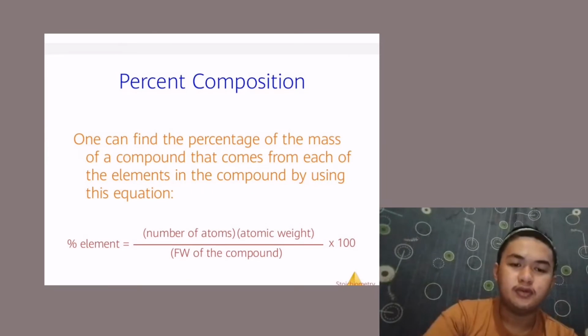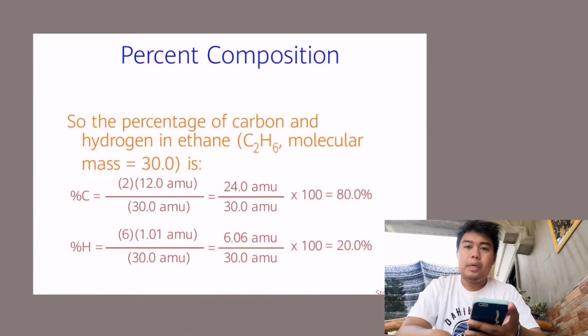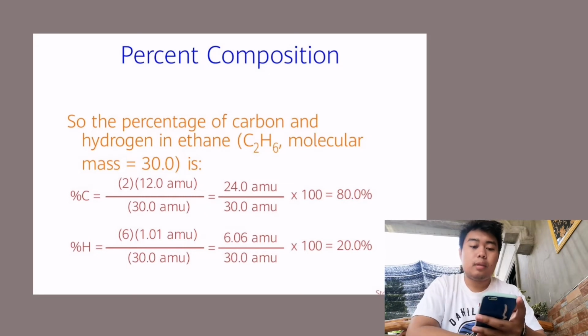Percent composition. One can find the percent of the mass of a compound that comes from each of the elements in the compound by using the equation: number of atoms times atomic weight of the element, divided by the formula weight of the compound, times 100.